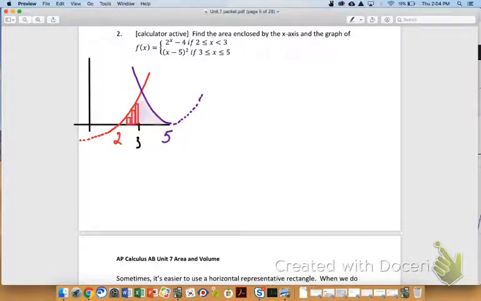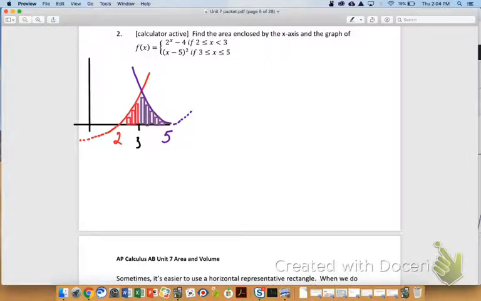So they would look maybe like this. Because the graph that determines the height of the rectangles switches, we need a brand new integral to account for that. Okay, did those of you that decided you need to split this up write down some integrals?